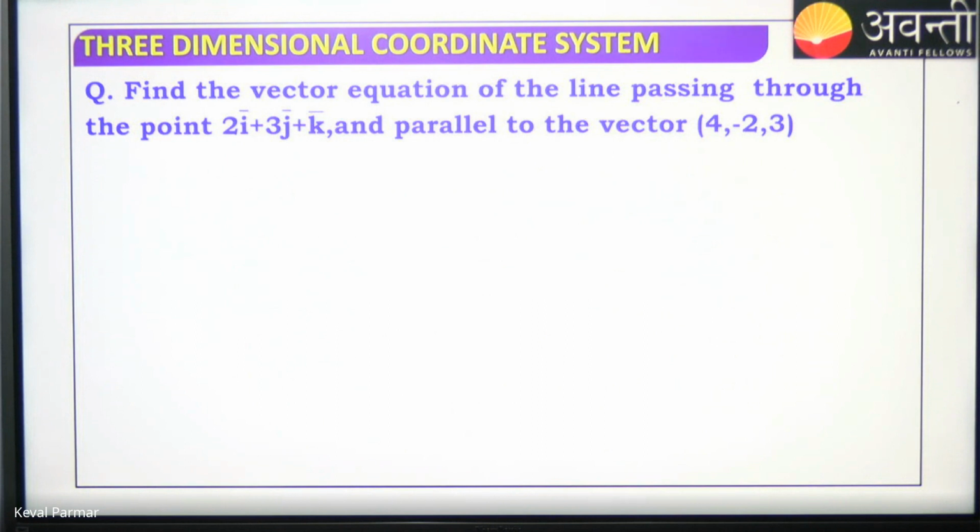If you remember, the vector equation is r vector is equal to a vector or point plus t into DRs. Point plus t into DRs.